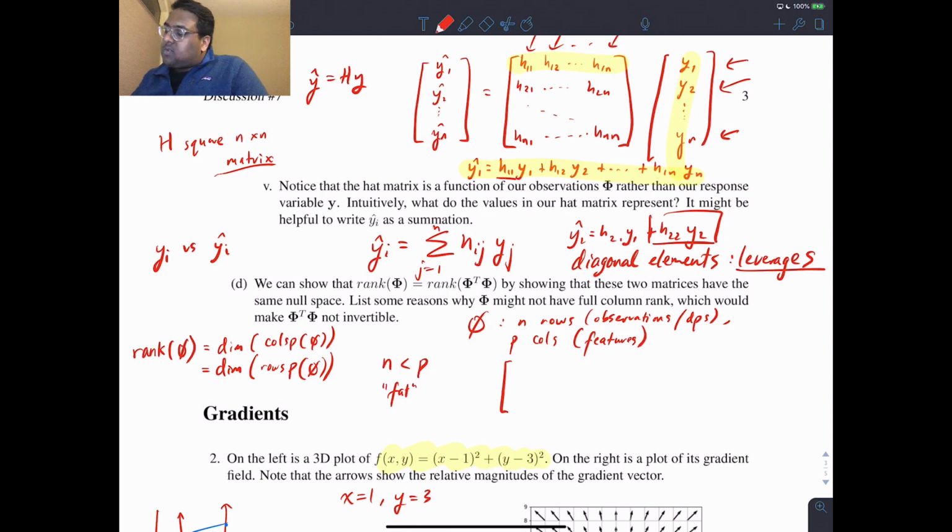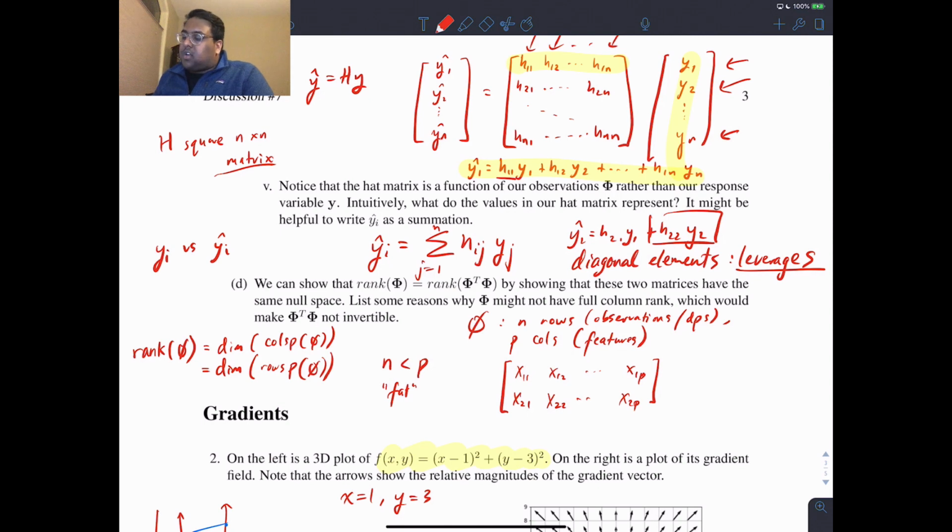Okay, and I'll write out one example of this here where we only have 2 rows but many columns. So for example, suppose we have x11, x12, ... x1p, and for example, x21, x22, x2p. In this case, clearly we have fewer rows than columns, and the dimension of the row space either is 1 or 2, right?